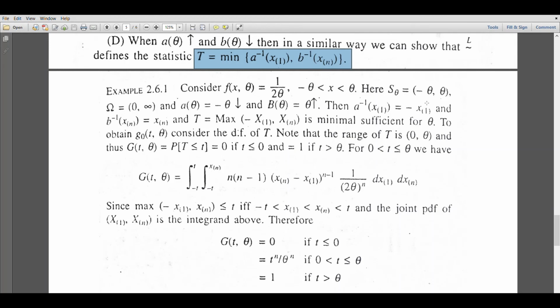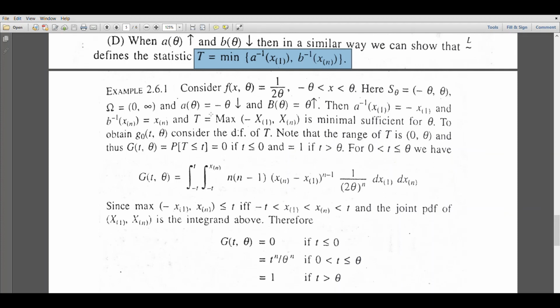So in this situation, the minimal sufficient statistic is given by the maximum of A inverse of x1 comma B inverse of xn. Okay, so here A of theta is minus theta and B of theta is theta. Then A inverse of x1 will be equal to minus x1 and B inverse of xn is equal to xn.